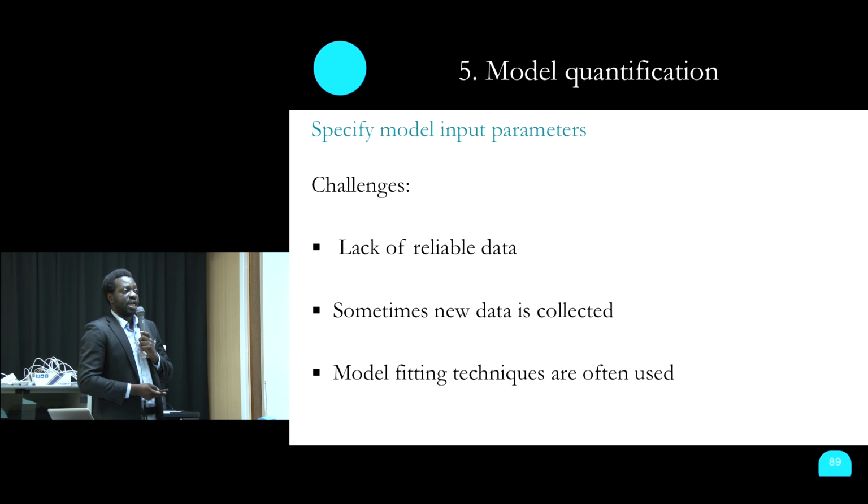So we have a lot of challenges. We have a lack of reliable data. Sometimes it's really hard to find reliable data. Sometimes you need to collect new data when you do the modeling. And sometimes there are very sophisticated techniques for estimating some mathematical models.